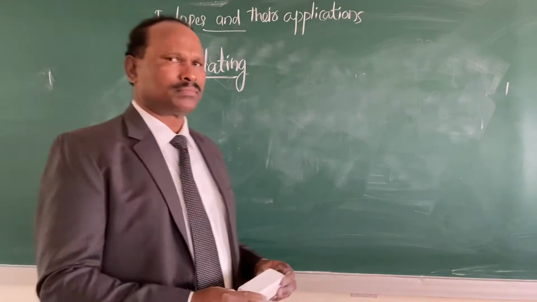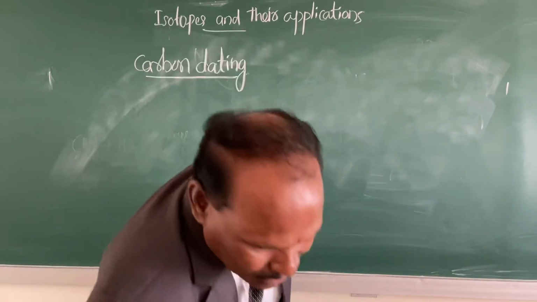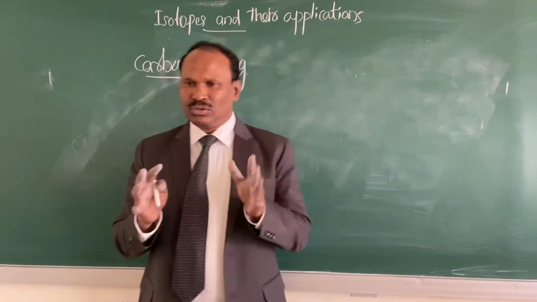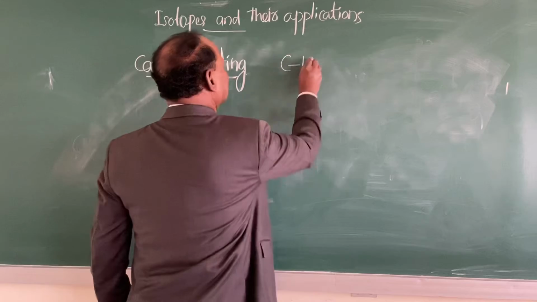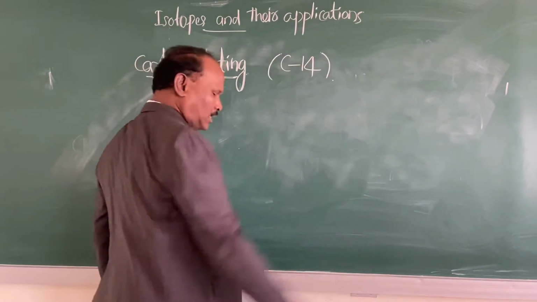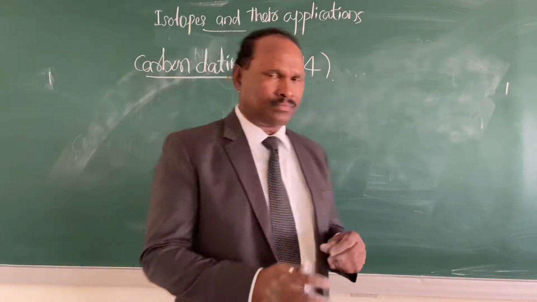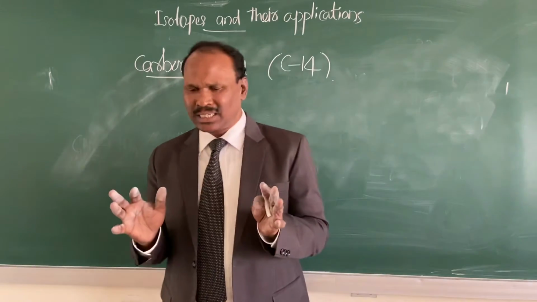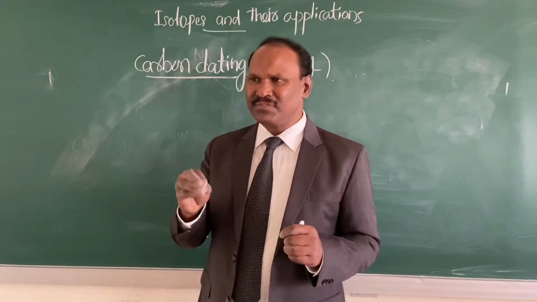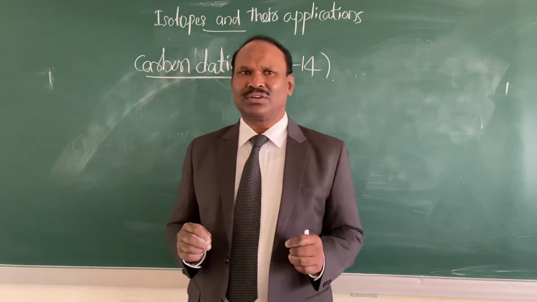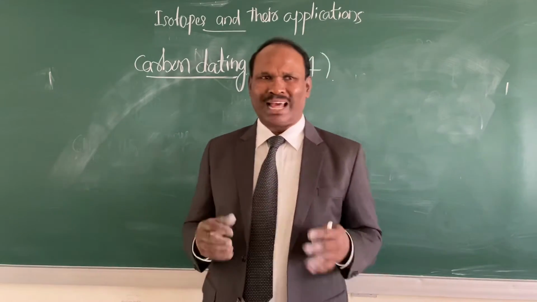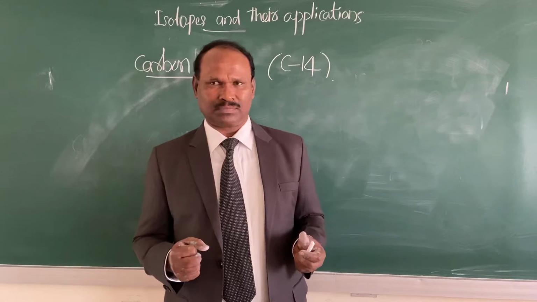Followed what I said? So what is carbon dating? Carbon dating is also called C14 dating. By using this radioactive isotope C14, we will detect the age of dead plants or animals.